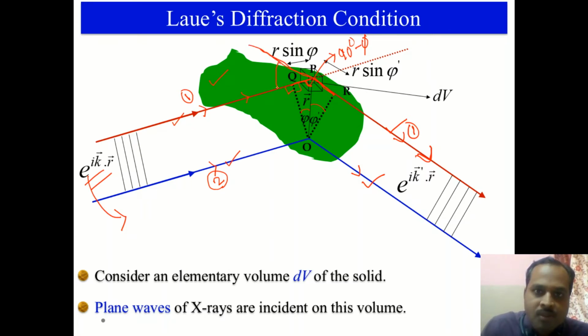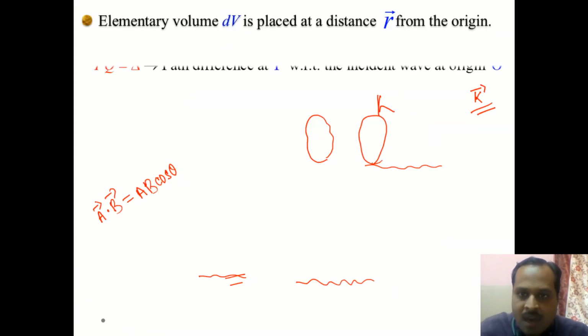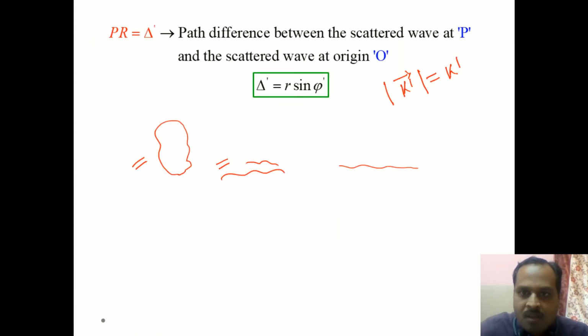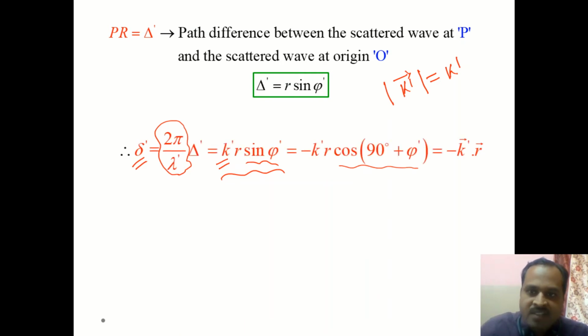This is phi prime, this is 90 degree, this is 90 degree, so this 90 minus phi, total angle is 180 degree, so this will be 90 degree plus phi prime. So the angle between these vectors k prime and r is 90 degree plus phi prime. So this can be written as the dot product of the vectors k prime and r, and already we are having this negative sign.